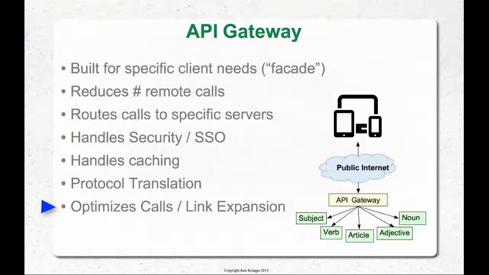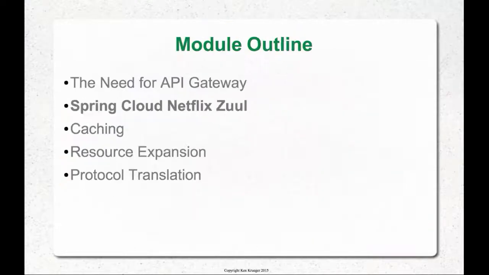And the idea is it's up to the client to make the determination on whether it wants to follow the links or not. Well, the API gateway can take care of resolving these calls and inlining the response so the client gets just the data it needs with no waste or extra round trips. So the API gateway is a pretty key piece to the microservices architecture, at least from the client's perspective.